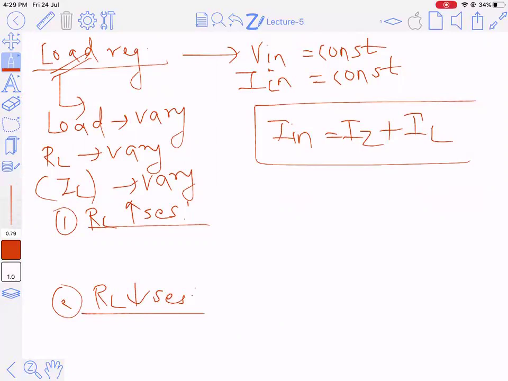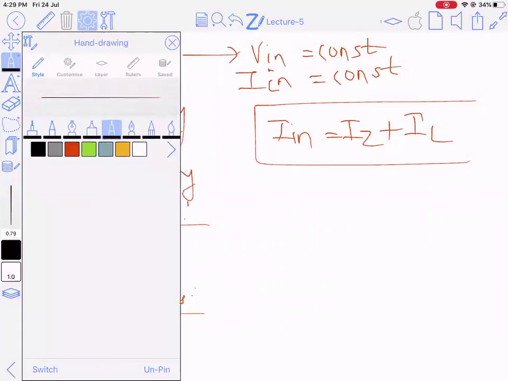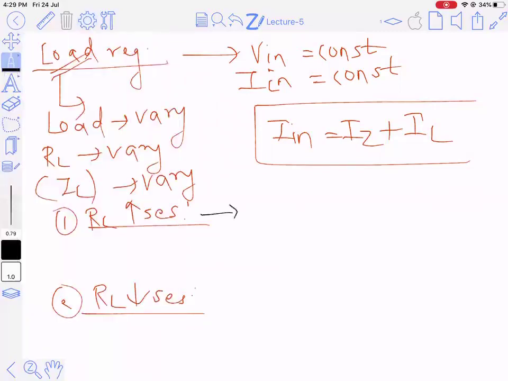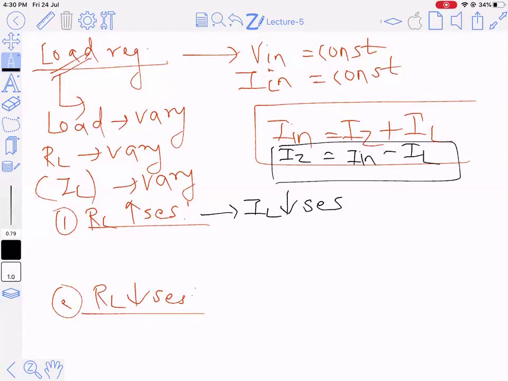So consider the first scenario, that is RL increases. What happens to IL? IL also decreases, because the more the resistance, the less is the current. If you look at this equation carefully, I'll rewrite it: IZ is nothing but Iin minus IL. In this case I know that Iin is constant.